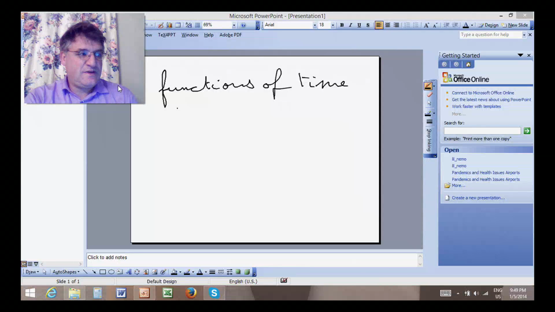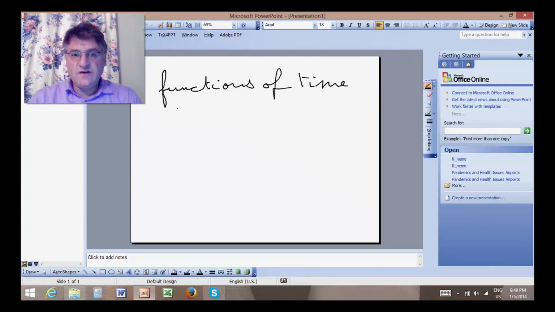So, the Laplace transform begins naturally with functions of time. We will take a function of time.